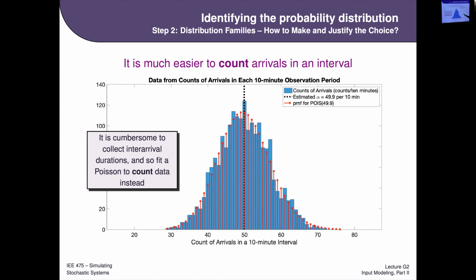So that's saying the estimated parameter for the Poisson is an average of 49.9 arrivals per 10 minutes. What I can then do is divide 49.9 arrivals per 10 minutes, and that will tell me how many arrivals I get per unit time, per minute.